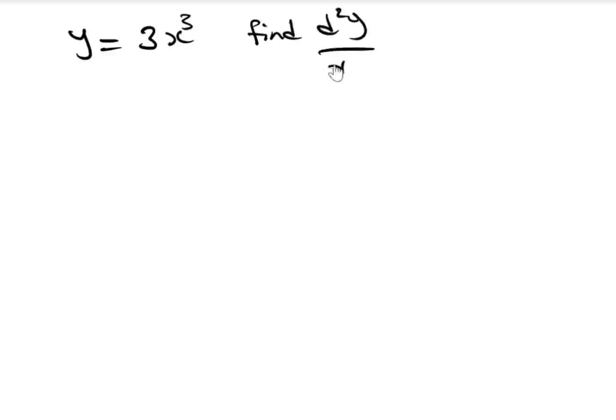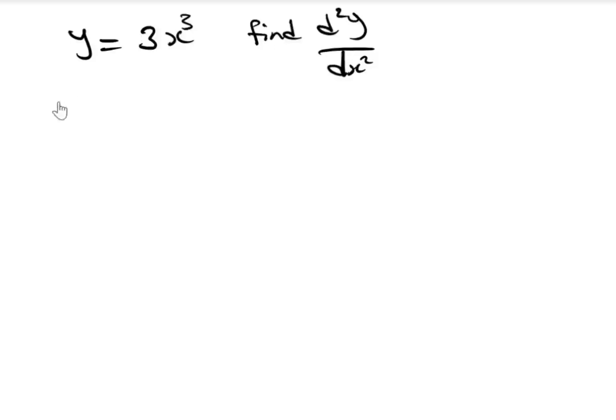Assuming we are given that y is equal to 3x cubed, and we are asked to find d squared y by dx squared. So in this case, we are going to differentiate this twice.